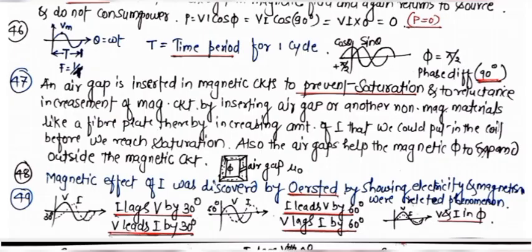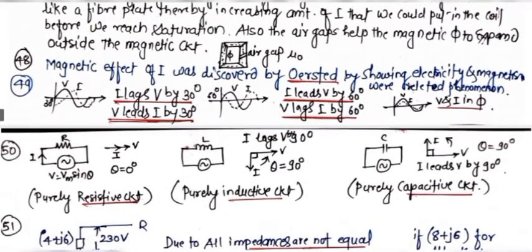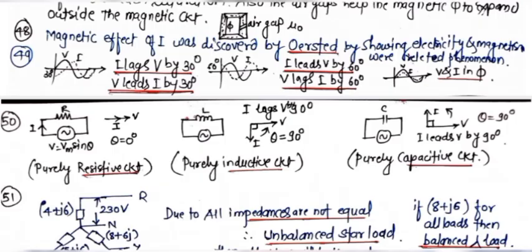Also, the air gap helps the magnetic flux to expand outside the magnetic circuit. The magnetic effect of current was discovered by Oersted, showing electricity and magnetism were related phenomena.